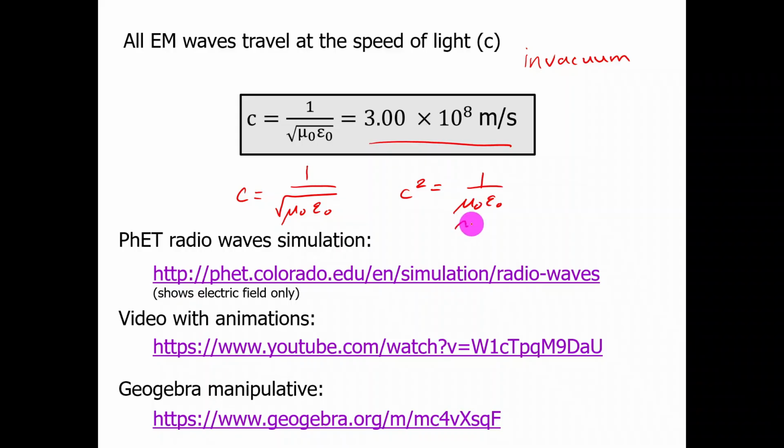But that's why mu naught and epsilon naught are fundamental constants, because they are what constitute the speed of light. So if we were in another material that wasn't vacuum, the value for mu and the value for epsilon actually change. So therefore you would get a slightly different value for the speed of light.